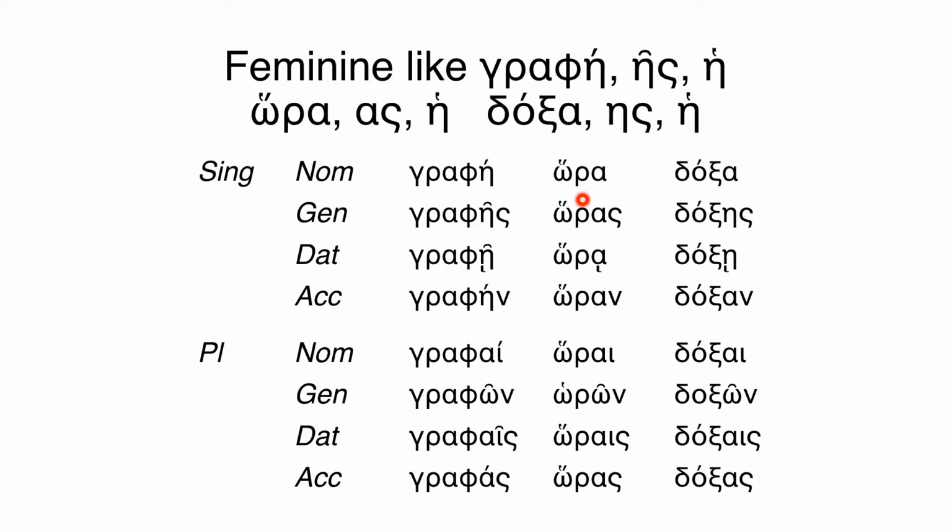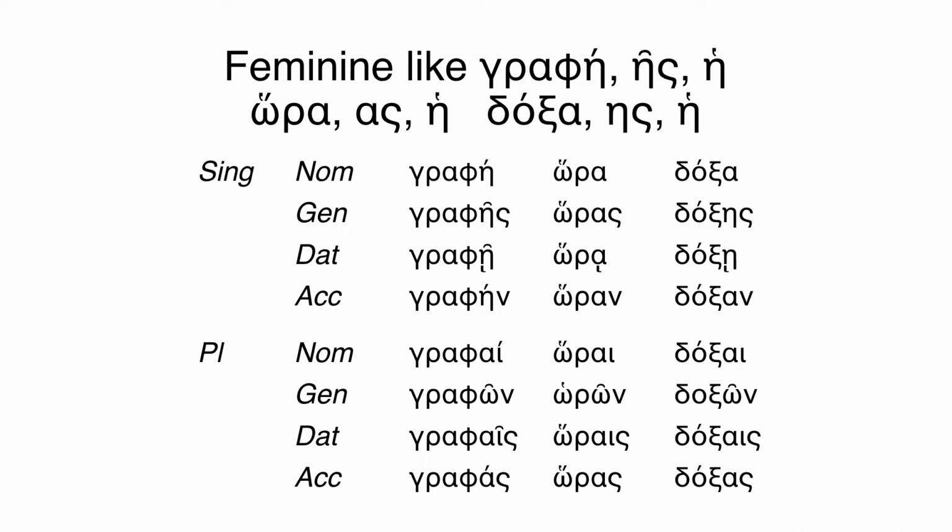And finally, doxa is our example of feminine nouns that have a sigma or a xi at the end of the stem. You see that xi right there, and that affects the endings that follow as well. Well, let's look at them in more detail.